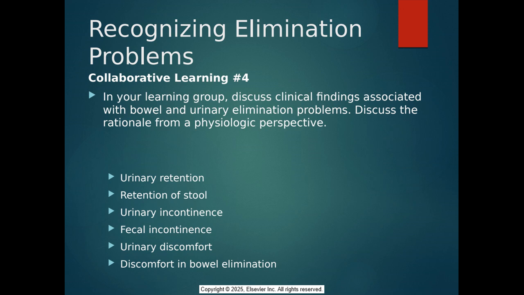Do they have colorectal cancer? Do they have tumors in the bowel? Do they have ulcerative colitis, or do they have Crohn's disease that's going to cause problems with bowel elimination? Urinary discomfort, do they have problems with UTIs? Do they have anatomical disfigurement or congenital defects that make elimination problems exist?